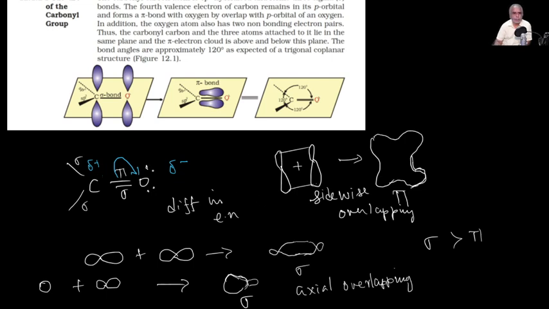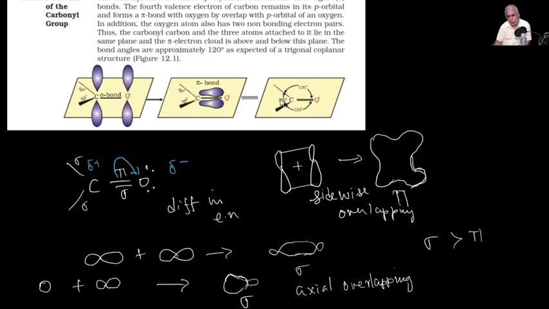So what are the key points about the structural aspects? Since it is sp2 hybridized, it has a triangular planar structure. So you can observe here a triangular planar structure. And after the pi electron transfer, it may attain a symmetric triangle like this with 120 degree angle.